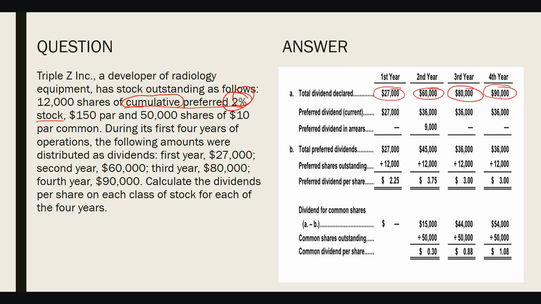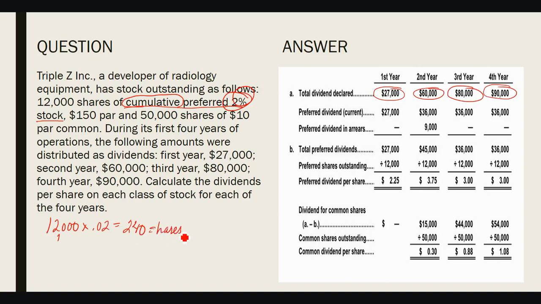We take the 12,000 shares outstanding and multiply that by 2%. 12,000 times 0.02 is 240 shares.